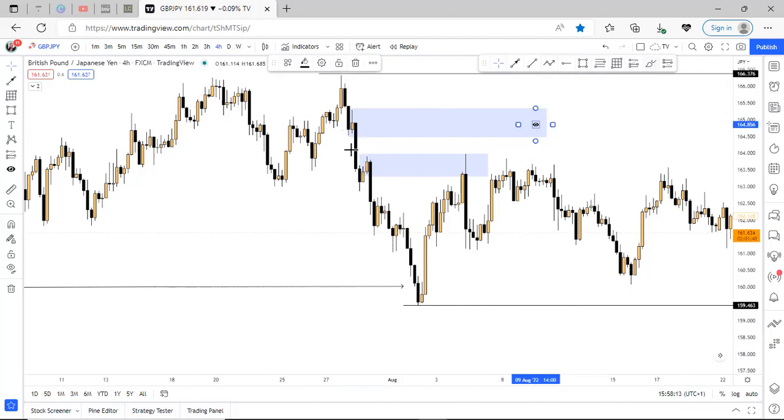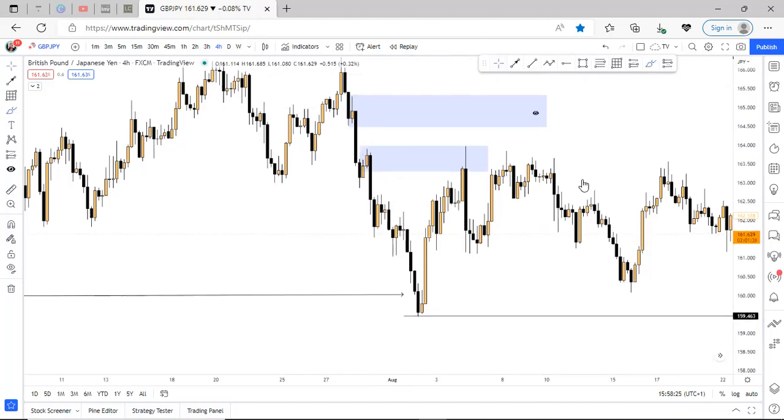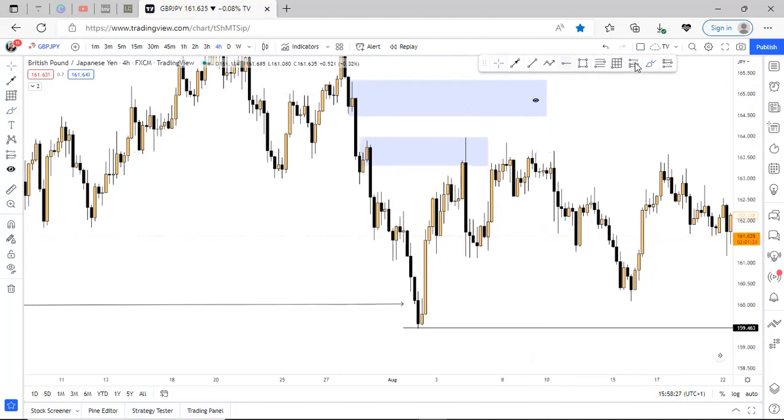There's imbalance right here, and sometimes taking trades below imbalance or below an unmitigated supply zone can be a little bit tricky, or should I say dangerous, because you might be used as liquidity if price should break above such levels.